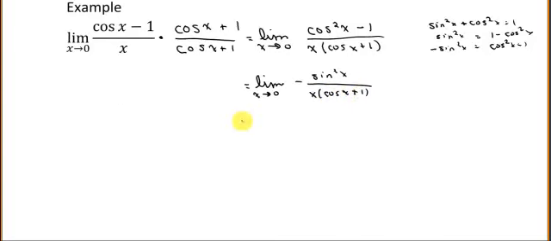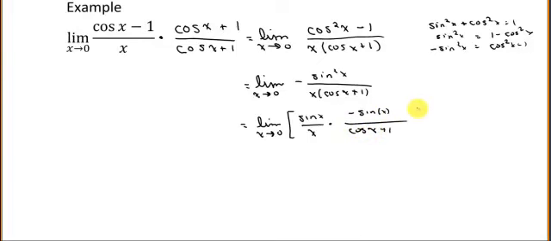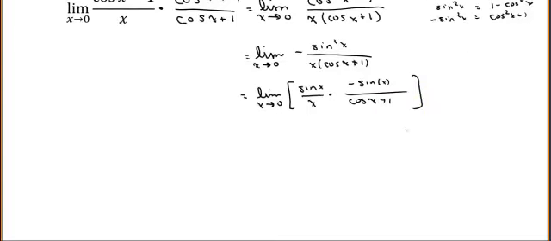And notice we can write that in two factors. We can write this as the limit as x approaches 0 of sine of x over x times negative sine of x over cosine of x plus 1. And of course, if you just multiply that out, you'll see we come up with that same expression.